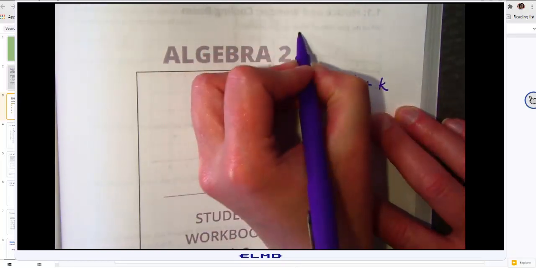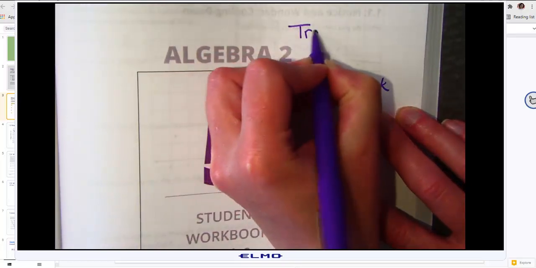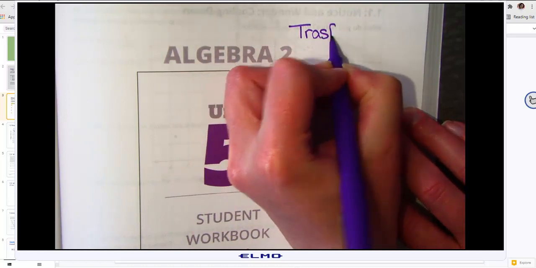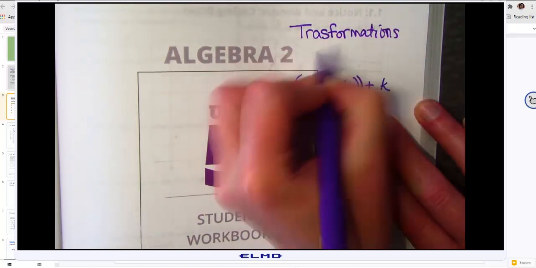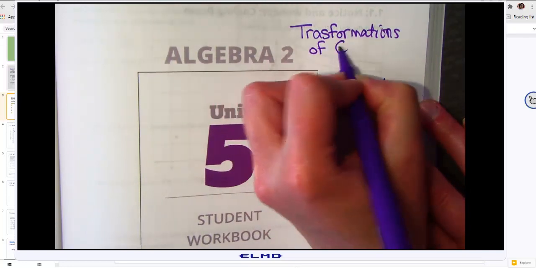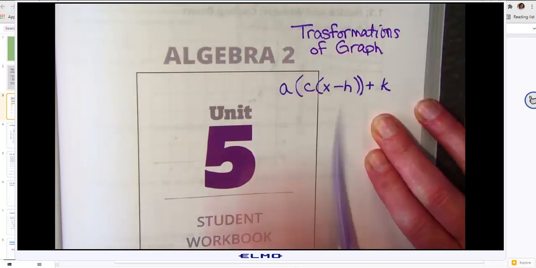What we're looking at is how we're going to do transformations of graphs.